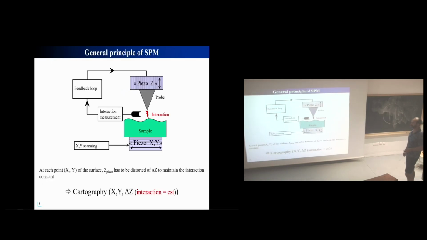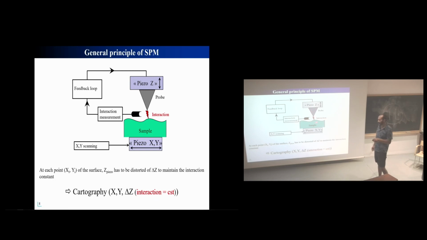So here we are. This is the general principle of the SPM. You need a piezo. I split them here, but in some systems they are split. So I have the piezo scanner here, XY, the piezo Z, holding the probe. And then the probe is going to interact with your sample.